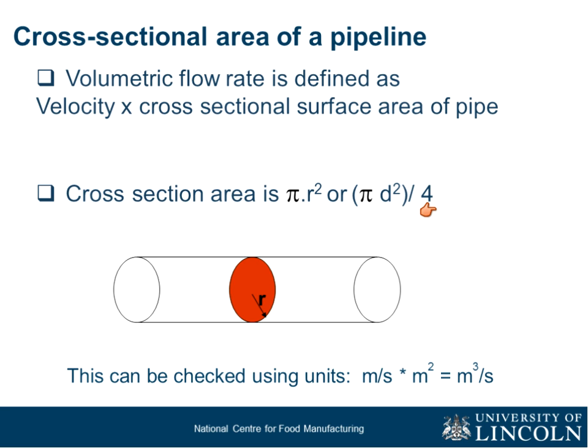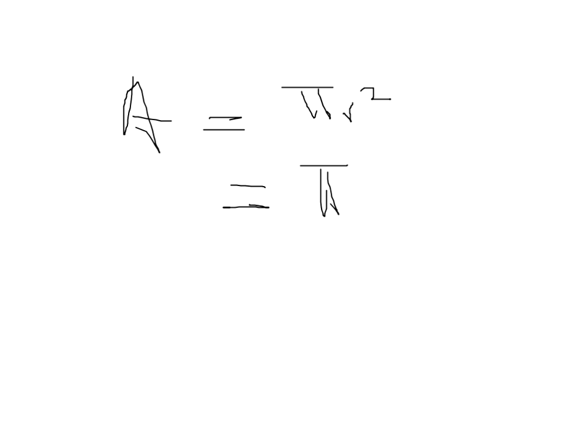And I can actually prove that for us. Look at your area now. You know that area equals pi r square. Don't forget that your r, your radius, equals diameter over 2.